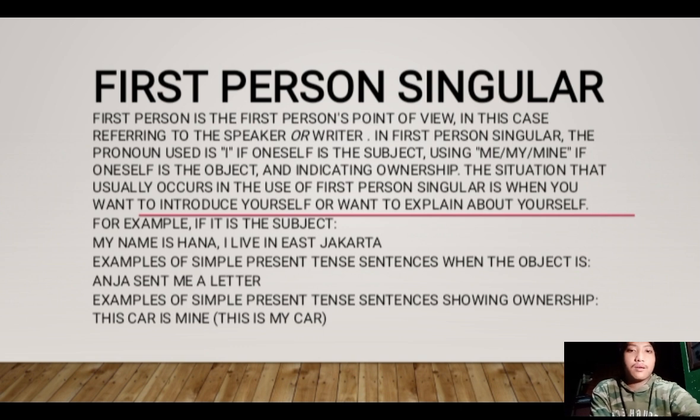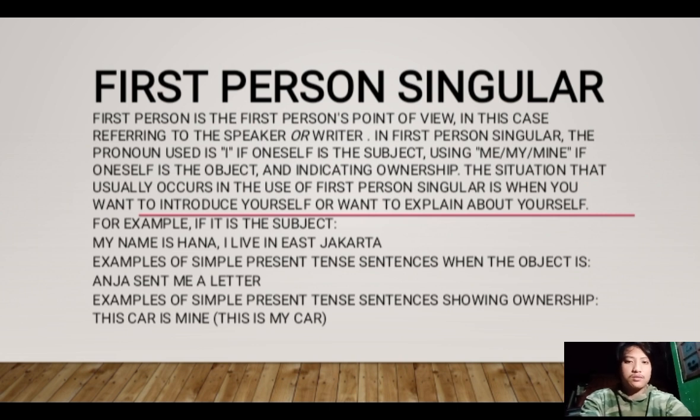For example, if it is the subject: My name is Hana, I live in Jakarta. Example of a sentence when it is the object: Anja, send me a letter. Examples of sentences showing ownership: This car is mine.